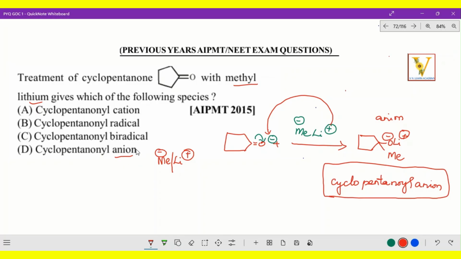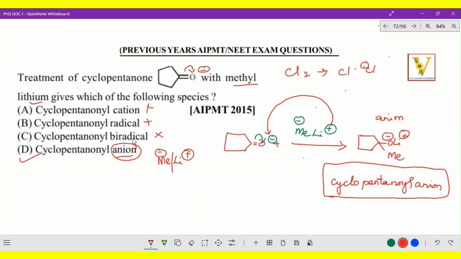So anion is the correct point, but cation will not be correct, because a minus charge transfer takes place. Radical will not come: Cl2, when it gives Cl, here also Cl, that is a radical, only one electron. So biradical will also not be the correct option. So anion is the correct option, cyclopentanoyl anion.